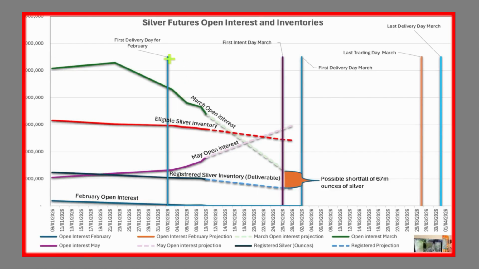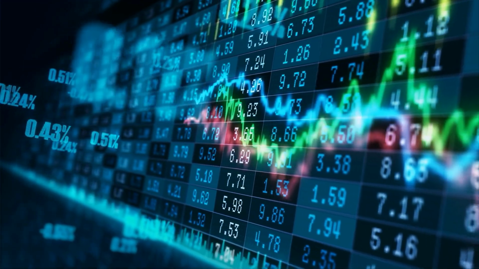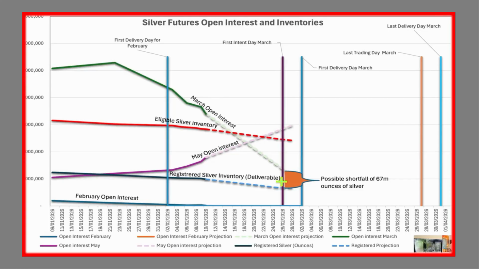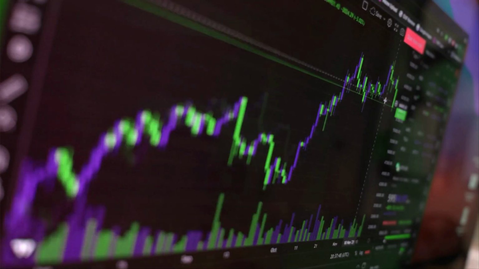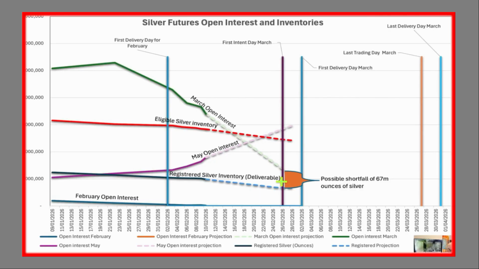Now, the shorts can choose to deliver on any date right through to the end of the month. These numbers will definitely change, and we won't end up in a situation where there's less silver than there are longs, because what's likely to happen is that the price of silver will rise as we get closer to the delivery date, because no short wants to be squeezed at the last minute.